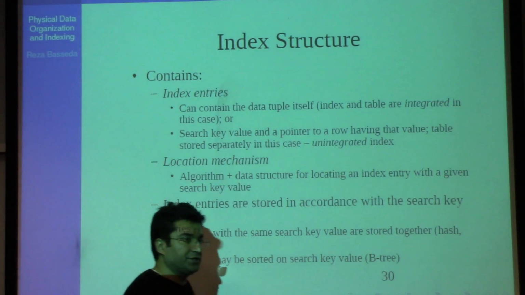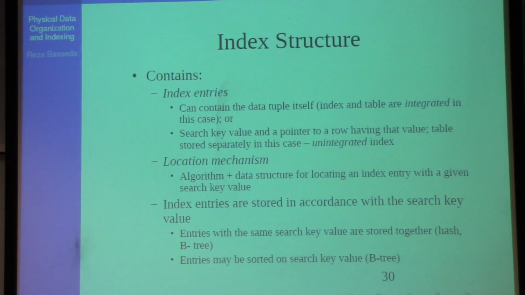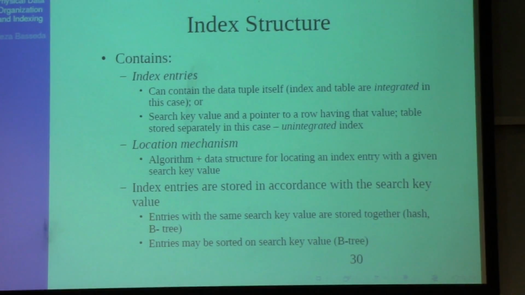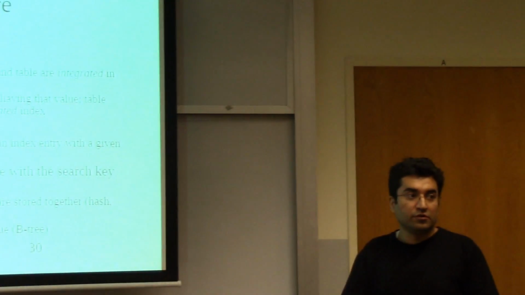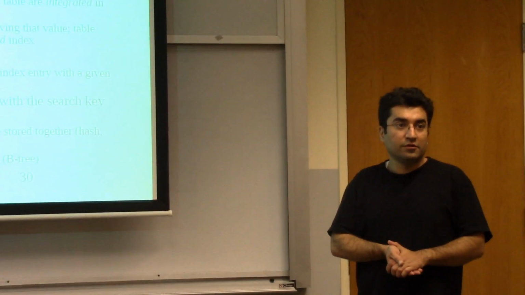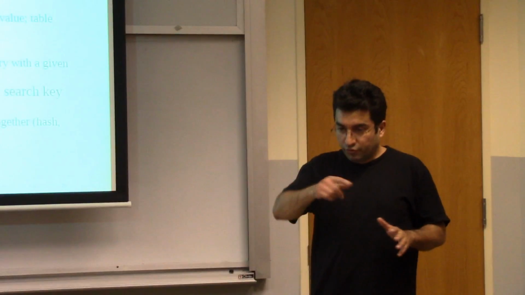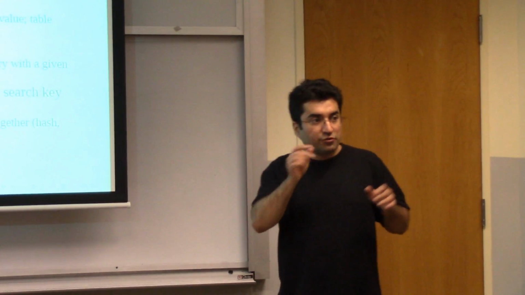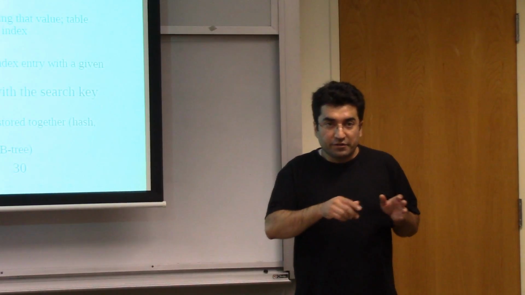Suppose that you have a binary tree, okay? The binary tree is an index structure, okay? Are the keys sorted? They are, in the binary tree. What do you mean by sorted? Can you find a range of the keys, right?